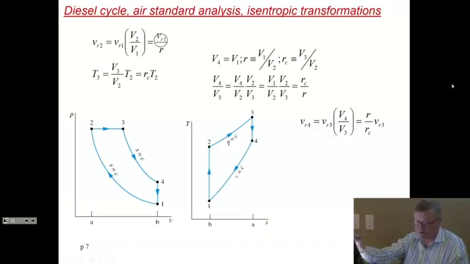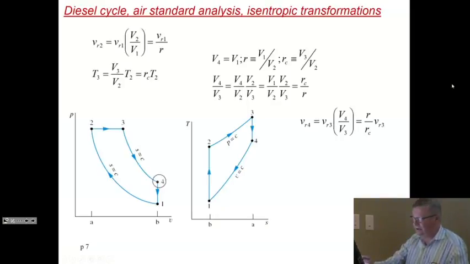That equation hasn't changed. Now, the equation that has changed for the diesel is the expansion from 3 to 4, which is an isentropic expansion. In the case where we had the Otto cycle, we had 3 to 4 times R, the compression ratio. And here, if you apply exactly the same equations that we had, but for the diesel, you see that T3 becomes RC times T2 and not R times T2 like you did in the Otto cycle.